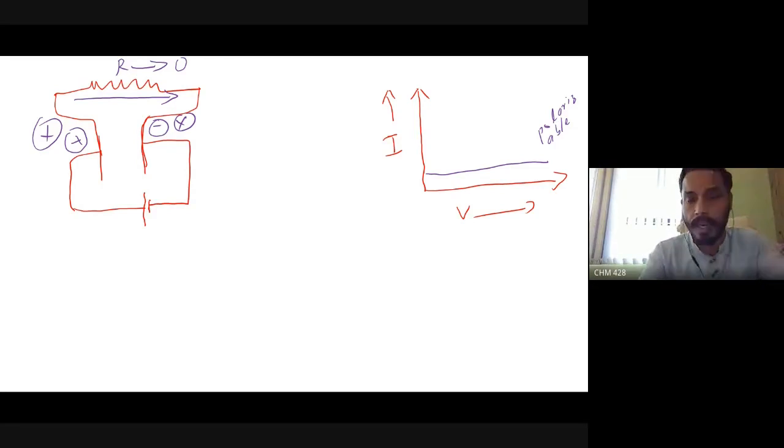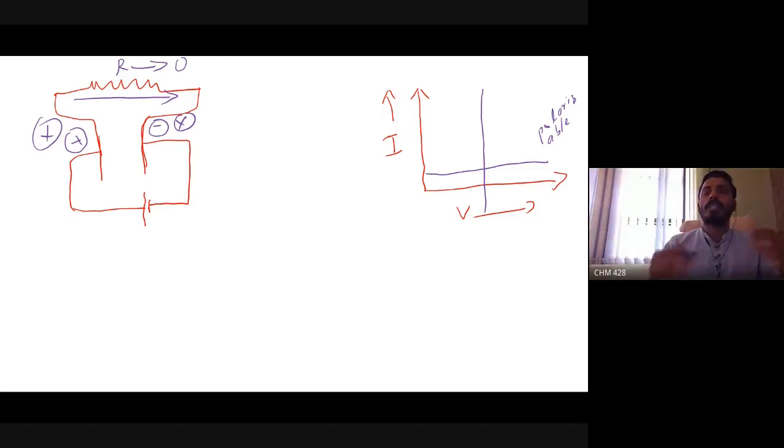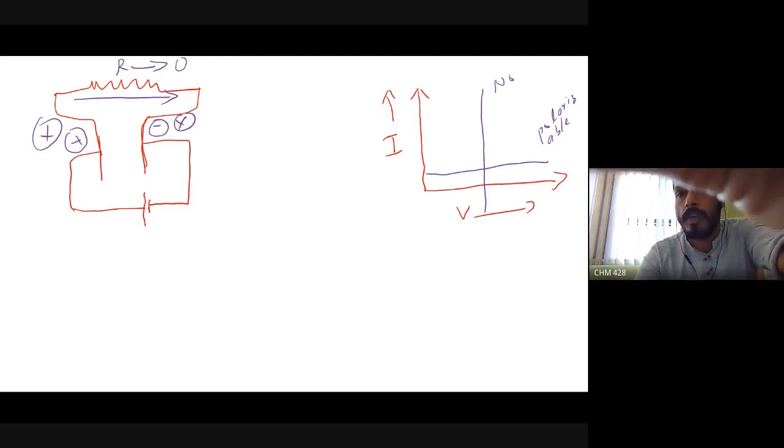So you can see that under such circumstances, your current-voltage curve will look like this. You can see the voltage is almost constant, but the current is increasing, when R tends to 0. And this interface is called a non-polarizable interface.